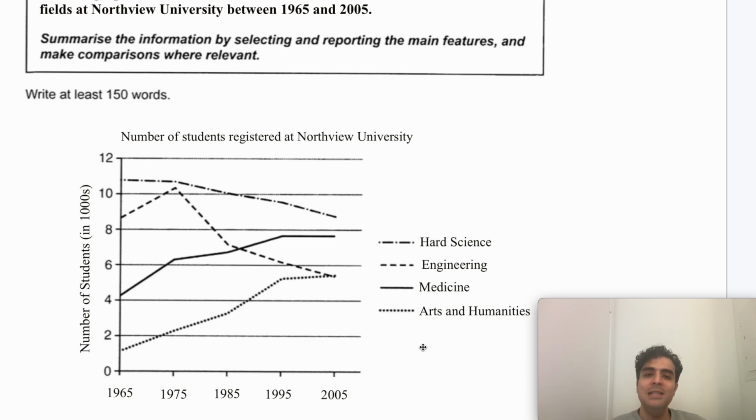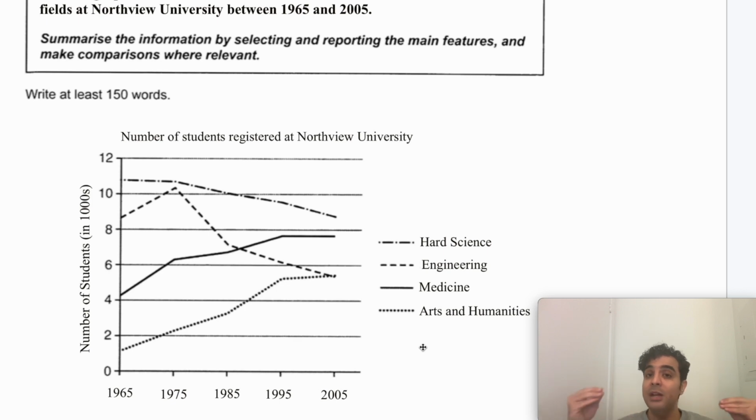But for engineering students, maybe I can do 2 sentences. I could say, for engineering students, although there was an initial rise from above 8 to just over 10,000 students, it subsequently declined sharply until 1985, reaching between 6,000 and 8,000 students, and finally dropping to below 6,000 students in 2005.